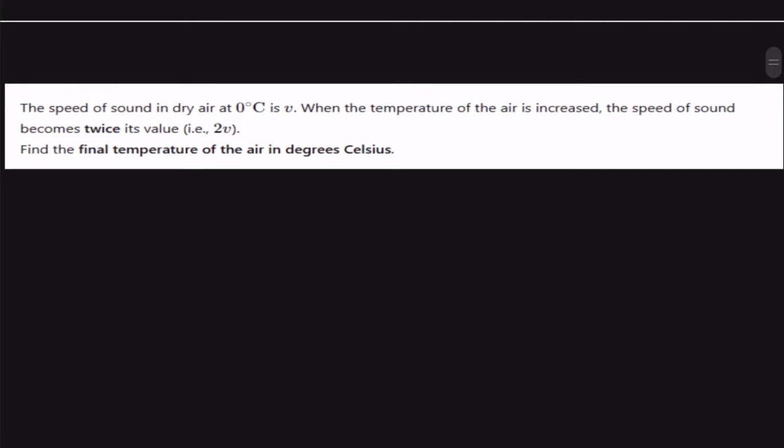It states that the speed of sound in dry air at 0 degree centigrade is V. Find the temperature of the air when the temperature is increased and the speed of sound becomes twice, its value being 2V. Find the final temperature of the air in degree centigrade. For this, in an ideal gas, we know that our speed is directly proportional to the square root of temperature.